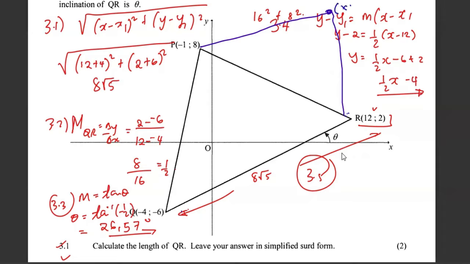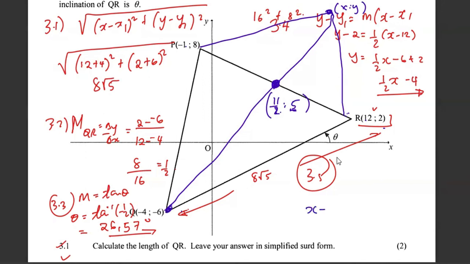Okay, so this is X and Y. What I did, the long approach, is that for as long as this is a parallelogram, I know that these diagonals are going to meet at the same point. So the midpoint here is going to be -1 plus 12 is 11 over 2, so 11 over 2. And then 8 and 2 is 10 over 2, which is 5 alone. So 11 over 2 and a 5, and then I can get my X and Y. So that's going to be X minus 4 over 2 is 11 over 2, and then the X becomes a 15.